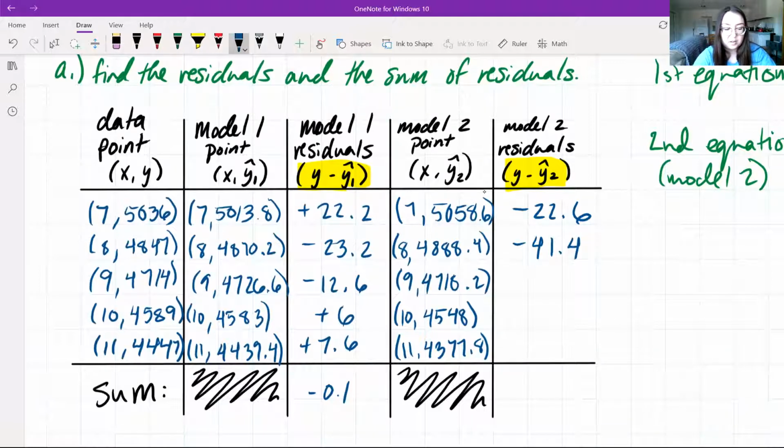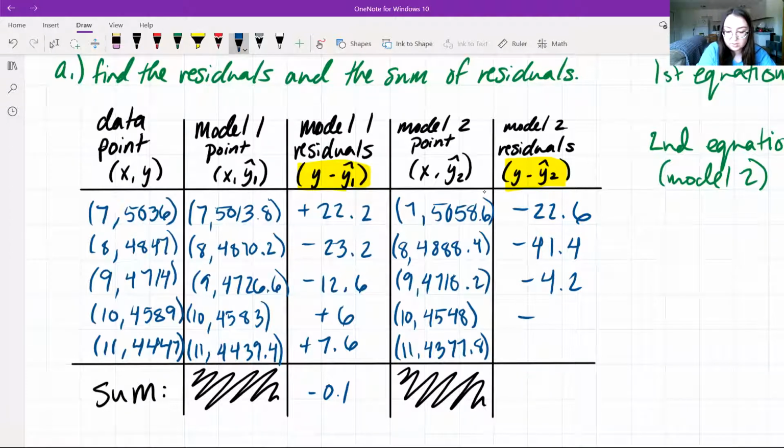For our third point, 2009, we're going to take 4,714 minus 4,718.2, which is going to be negative 4.2. For our fourth point, which is 10, we're going to take 4,589 minus 4,548.